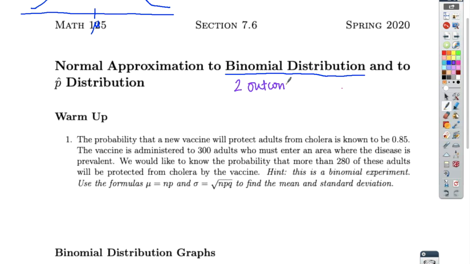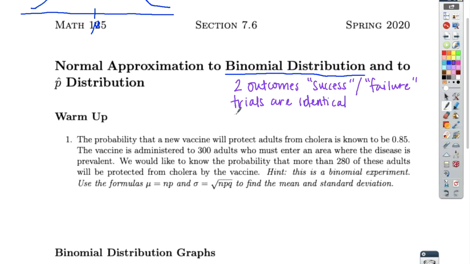There are only two possible outcomes, and we call them success or failure, but they don't necessarily have a good or a bad connotation. Basically, it's just important that there are two outcomes. All the trials are identical, so nothing changes between trials.